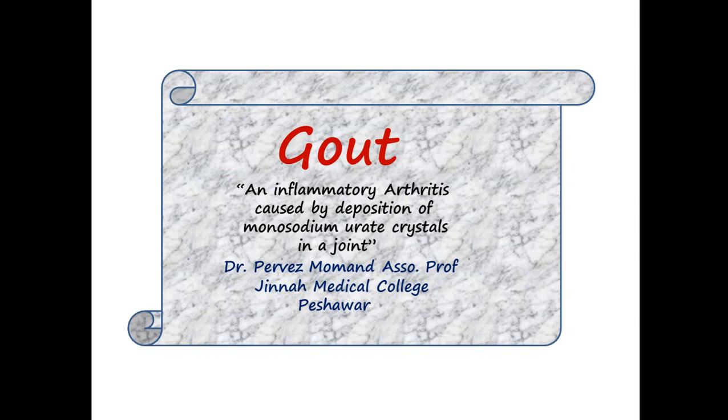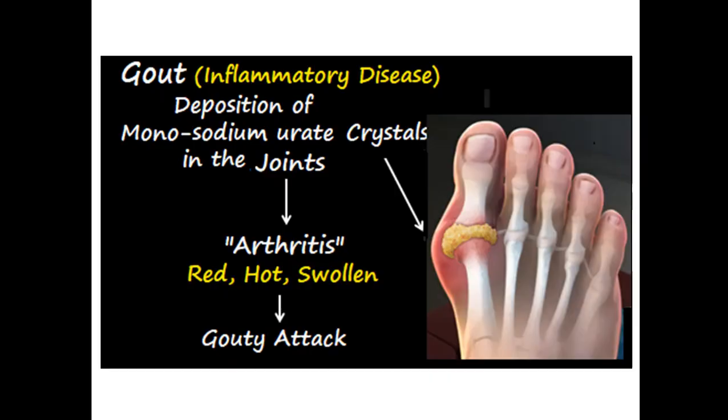And gouty arthritis is the result of deposition of monosodium urate crystals in the joints. It is an inflammatory disease in which there is deposition of monosodium urate crystals in the joint.